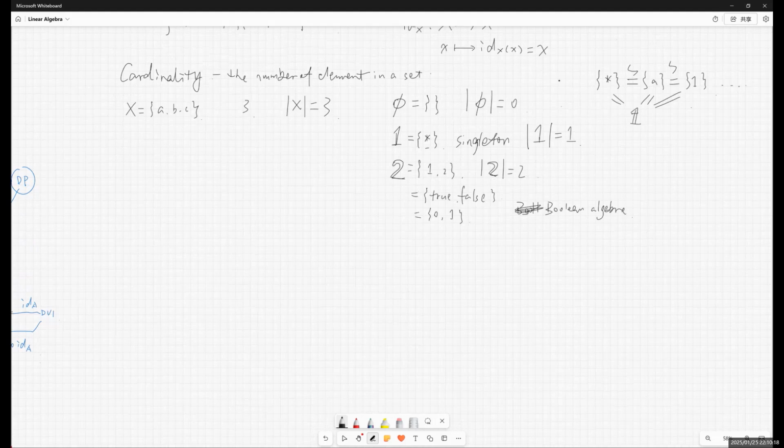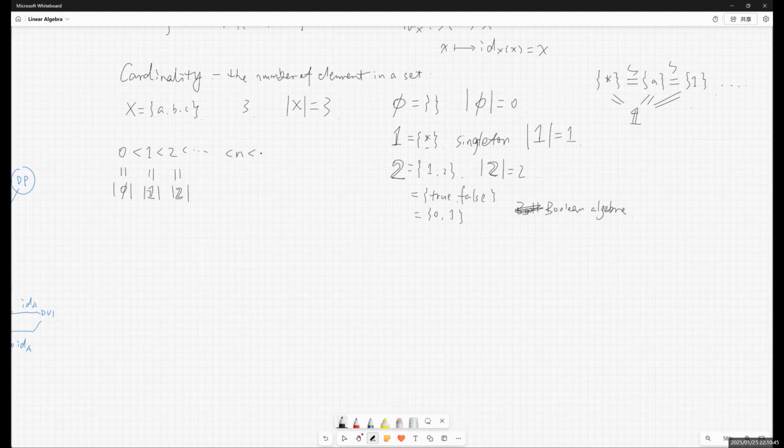Okay, so the minimum one is 0, and then 1 and 2, equals the empty set, singleton, binary set, and go on.